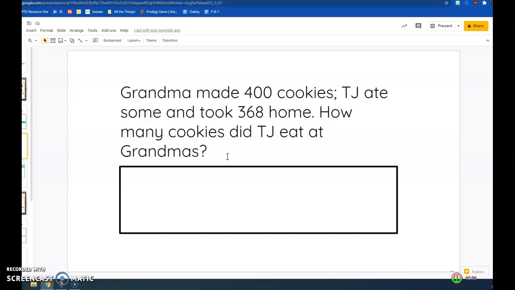TJ ate some, and he took 368 home. How many cookies did TJ eat at Grandma's? So see what you can solve. And then if you figure out what you solved, I want you to hold up your work so that I can see what you were thinking.